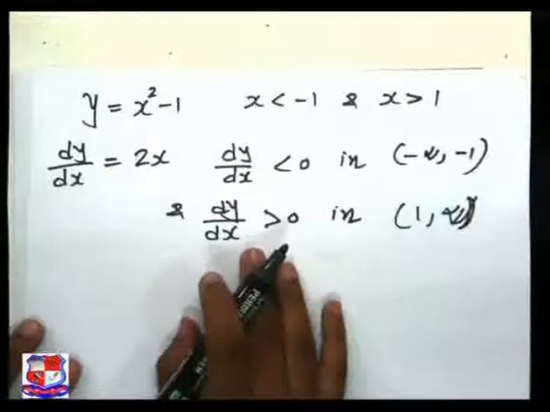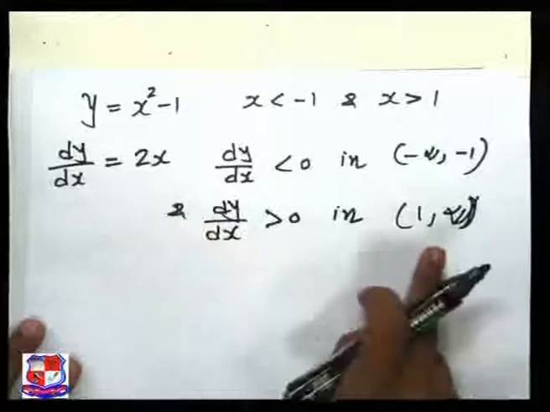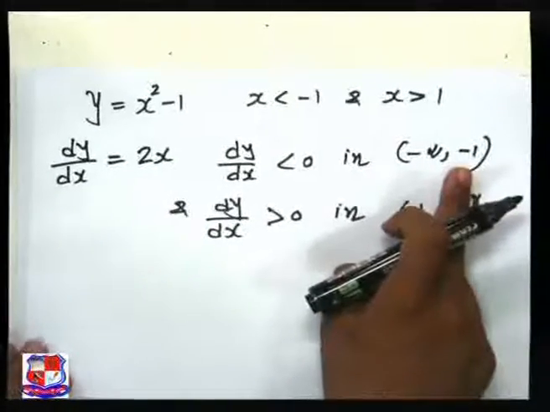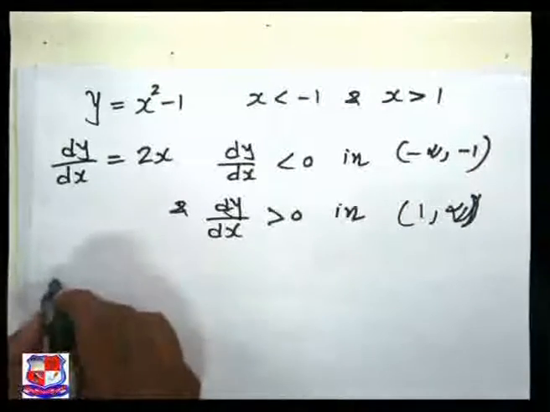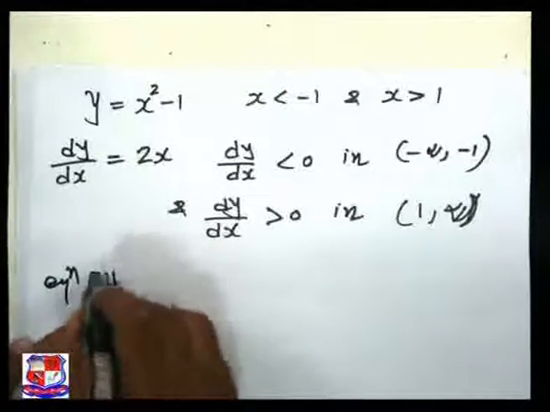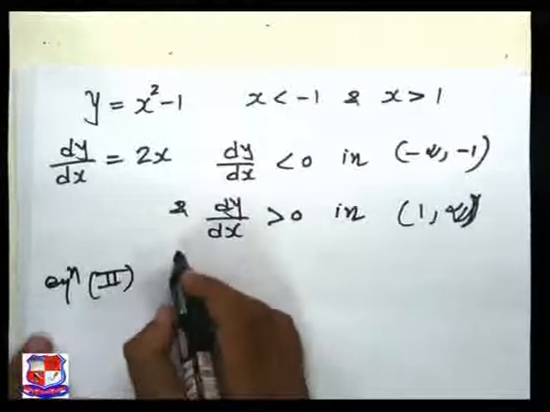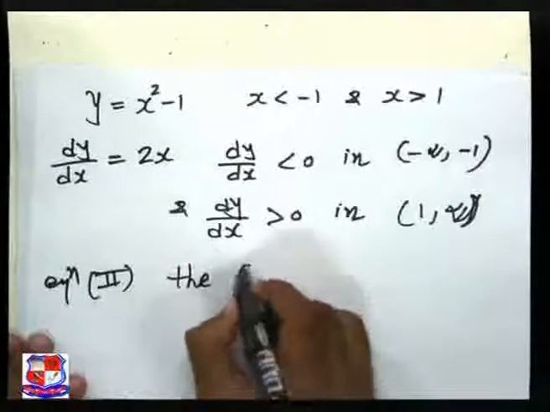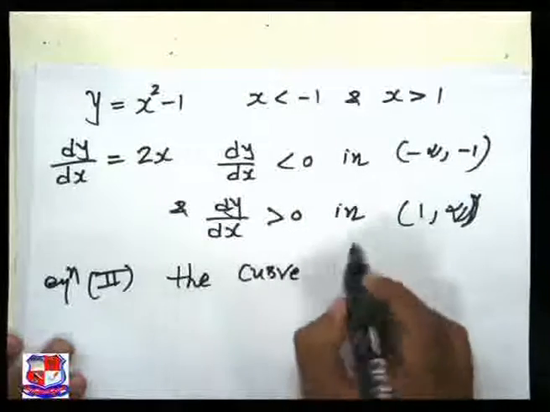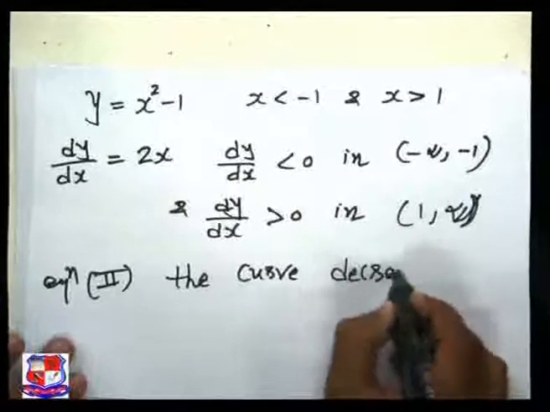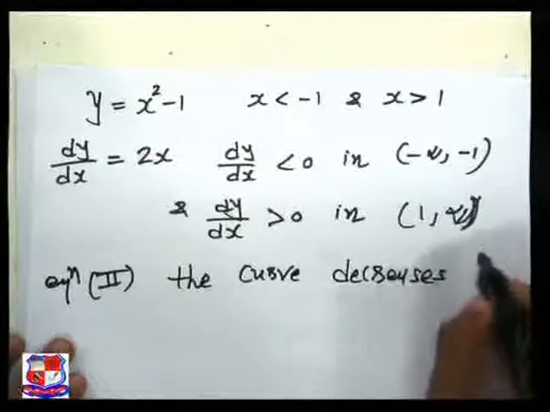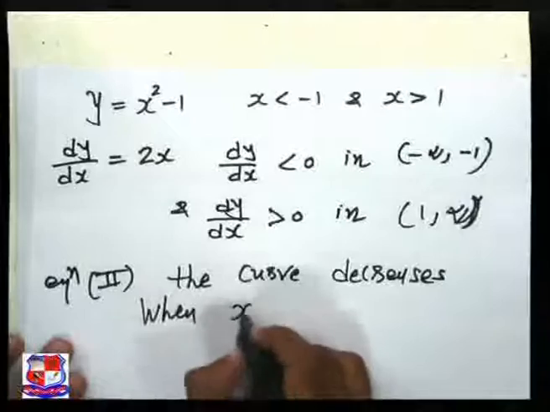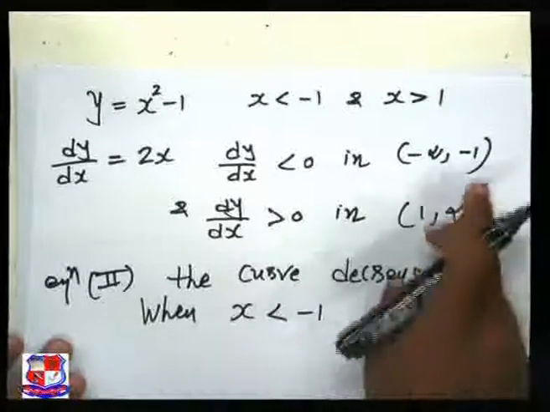So clearly the graph of this function increases in 1 to infinite and decreases in minus infinite to minus 1. So the curve of equation 2 decreases when x is less than minus 1, right?